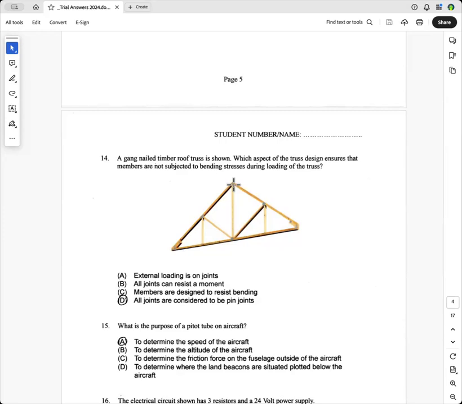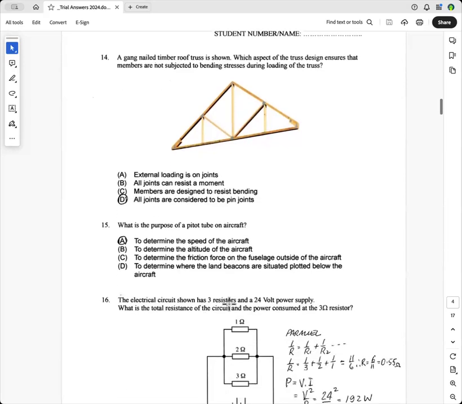The reason they design it that way is that you only want tensile or compression forces in these members. You can't have bending in them because they're so slender. So that's D, all joints are considered to be pin joints.